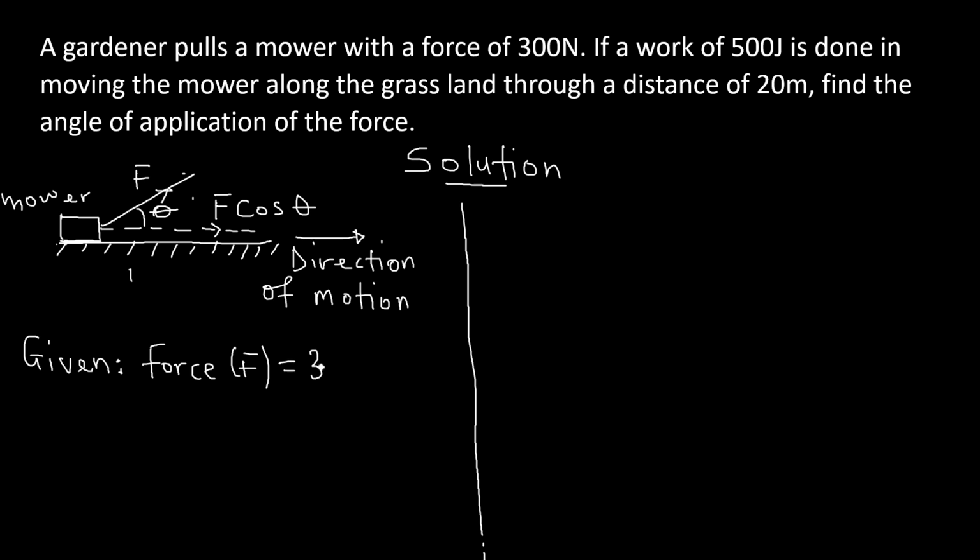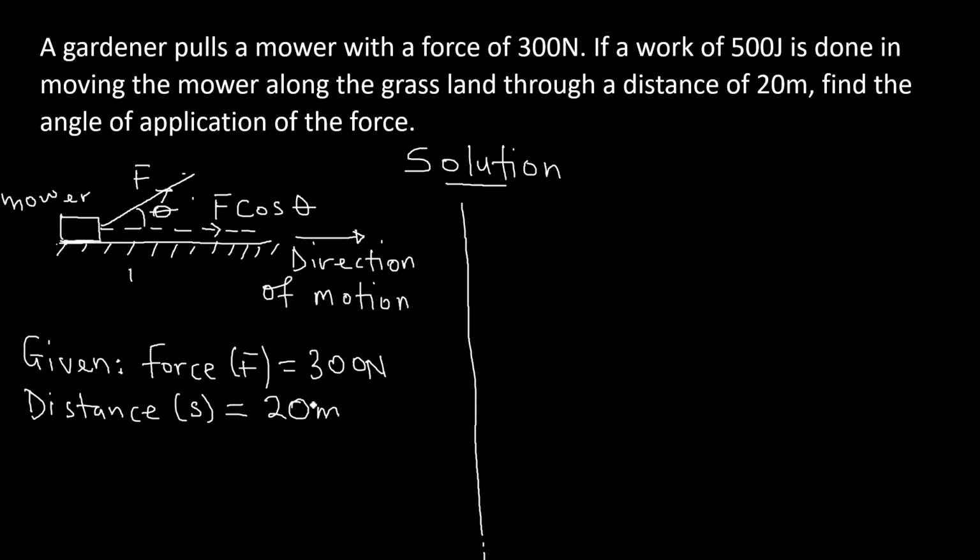Then we also have distance. We'll use S to represent distance. The distance that the mower moves after the force has been applied is 20 meters. That we also know from the question. I think these are the things we've been given from the question.